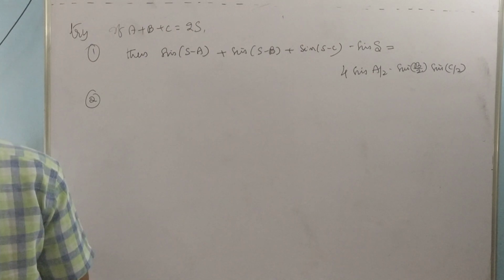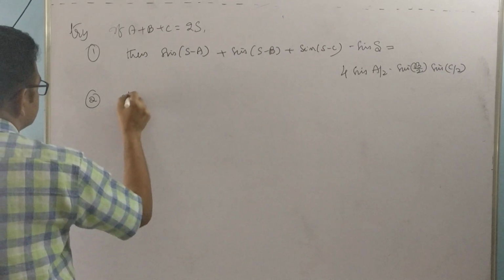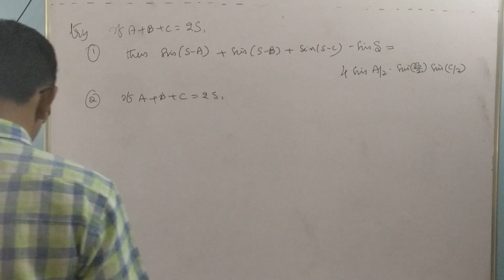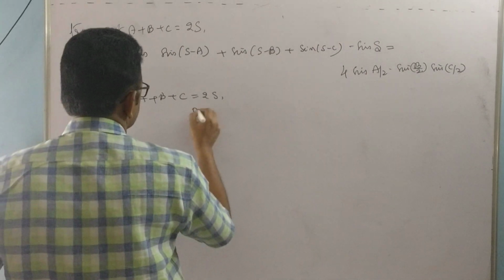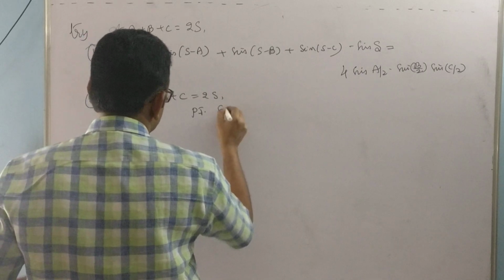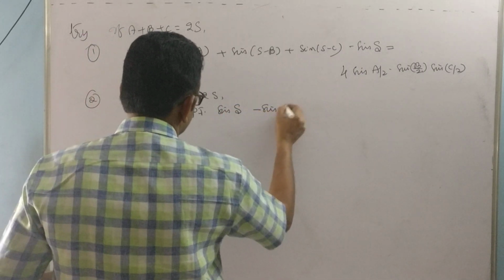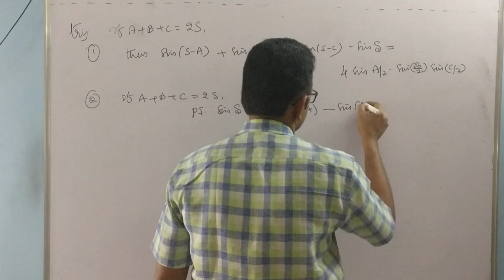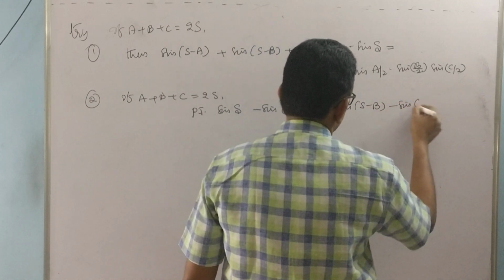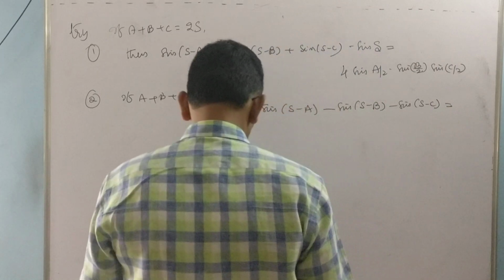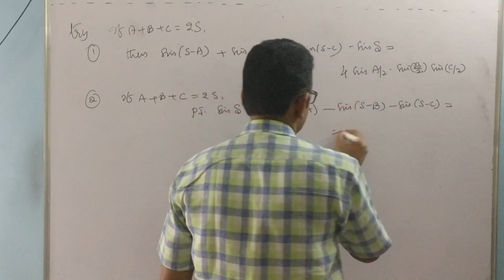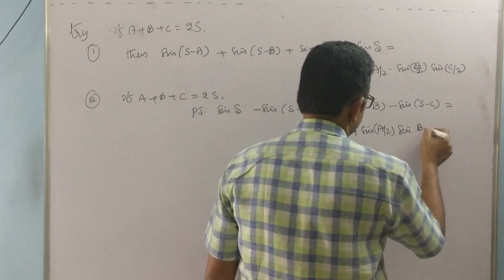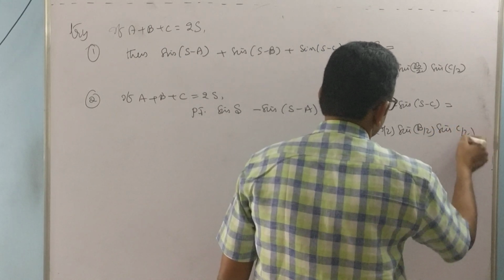Second one, if a plus b plus c is equal to 2s, then prove that sin s minus sin of s minus a minus sin of s minus b minus sin of s minus c is equal to minus 4 sin a by 2 into sin b by 2 into sin c by 2.